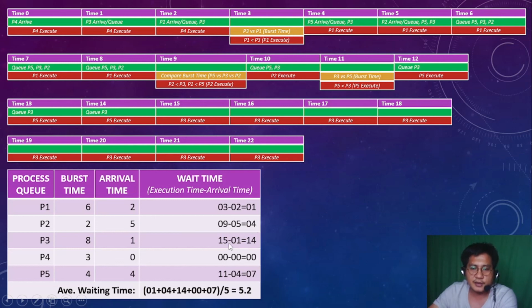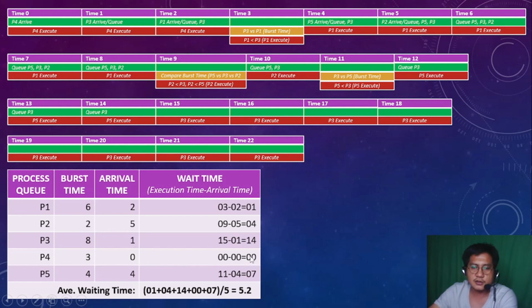And then for process 3, that is 15. If we look at time 15, we will see that P3 first got the central processing unit for execution at time 15. So that is why we have here 15 minus 1, because its arrival time is 1, so we have a waiting time of 14. While process 4, since it is the first to arrive at the queue and gets executed at that moment, has a 0 for the time of execution, and it also has a 0 for the arrival time.